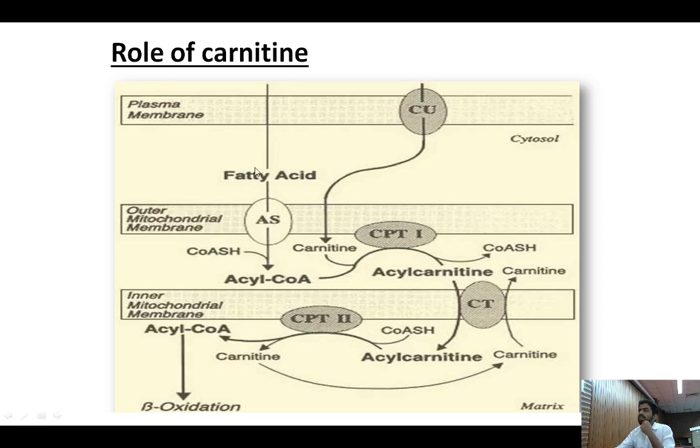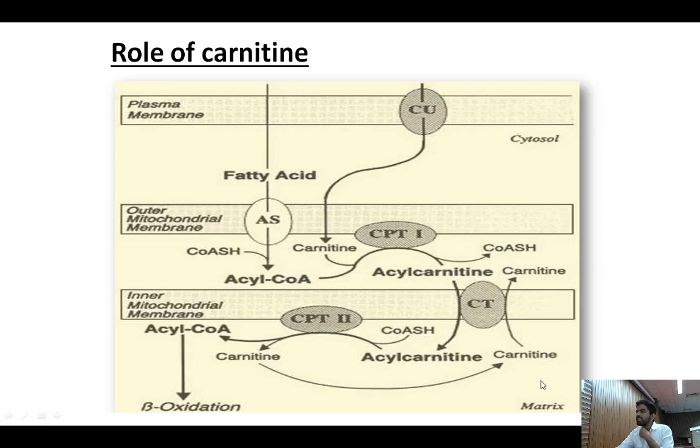Acyl coenzyme A, right? This activated fatty acid. Then acyl coenzyme A combines with carnitine, forming acyl carnitine with the help of CPT1, carnitine palmitoyl acyl transferase 1. This acyl carnitine, this is translocase, will be transported across the inner mitochondrial membrane to the matrix side.